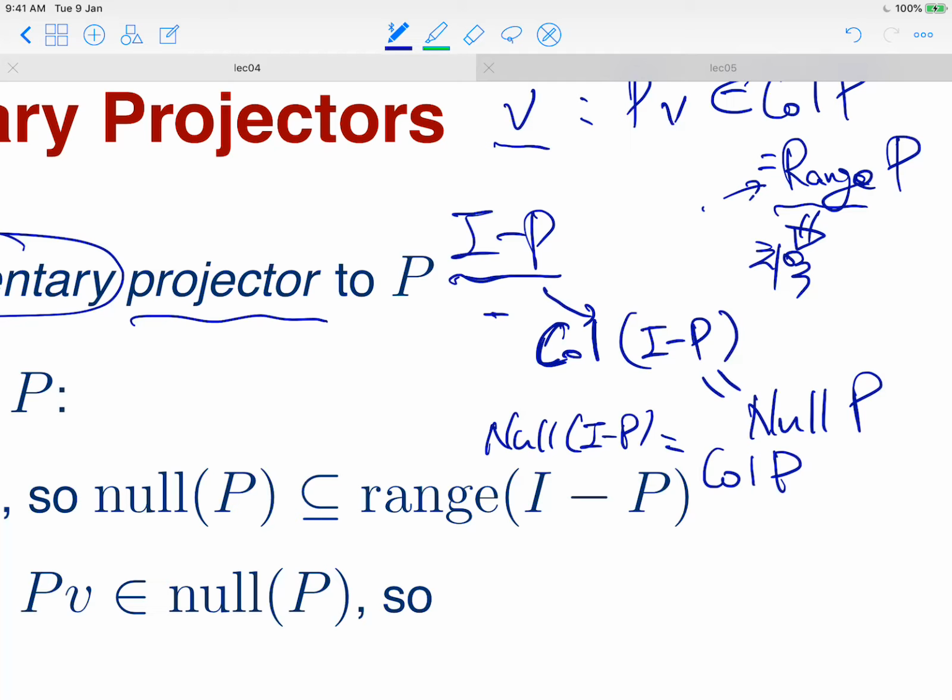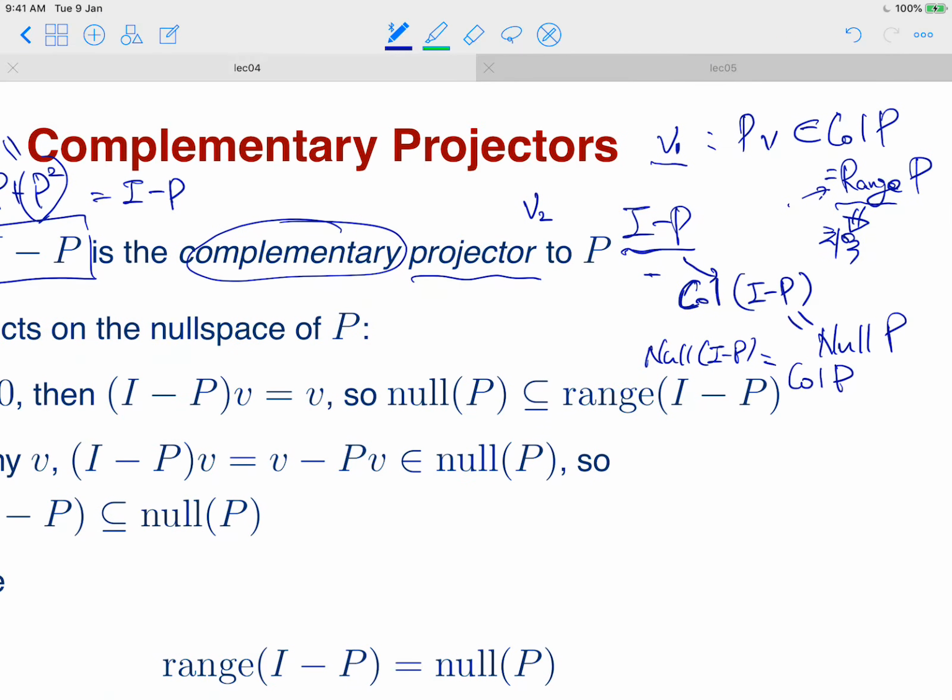So we choose a vector v1, and we choose another vector v2. Then we consider Pv1 and (I minus P)v2, and if we consider these two vectors, they are always linearly independent.